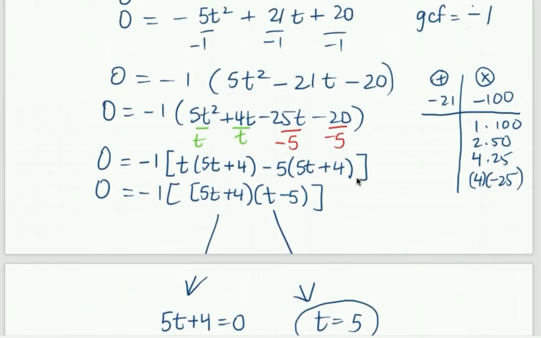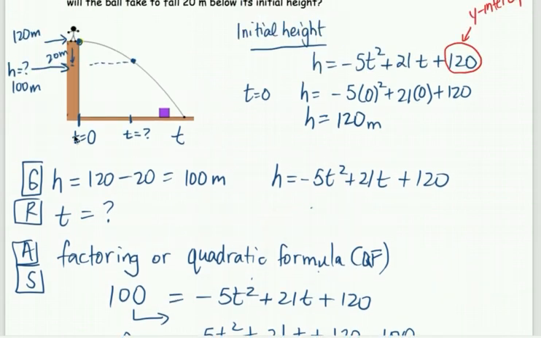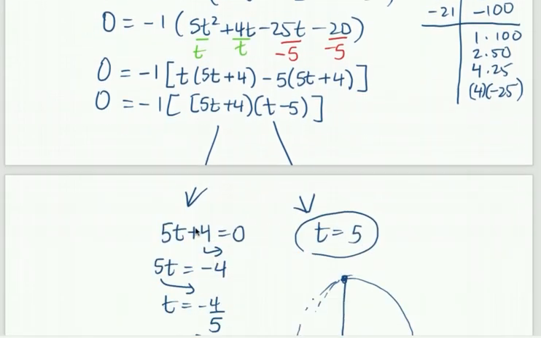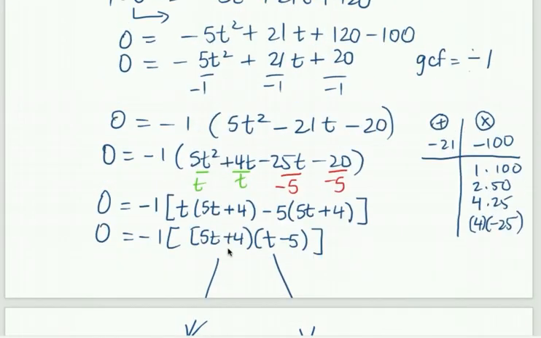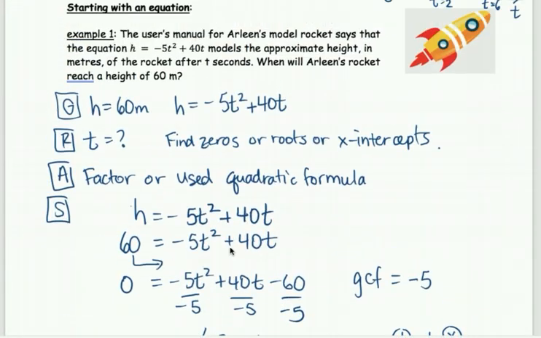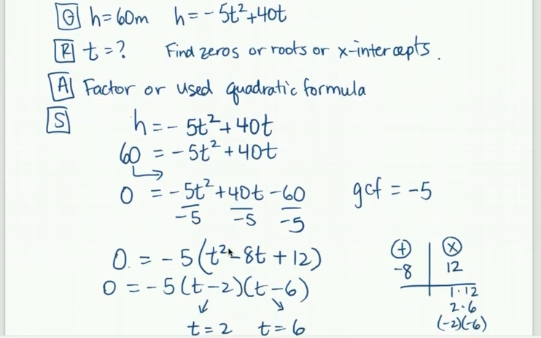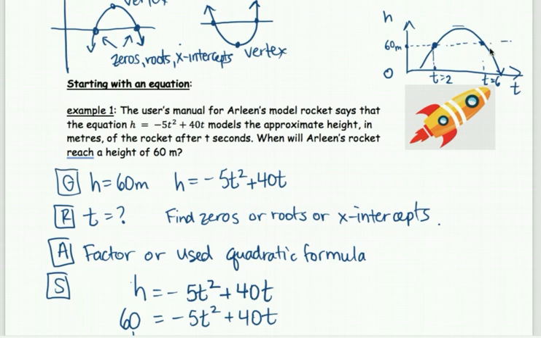You're trying to find something like the x-intercept. Sometimes you need to move the axis up, because it might be at 100 meters instead of at 0 meters. And then you need to determine when an answer doesn't make sense. Like with the rocket, the times were 2 seconds and 6 seconds, and that was reasonable.